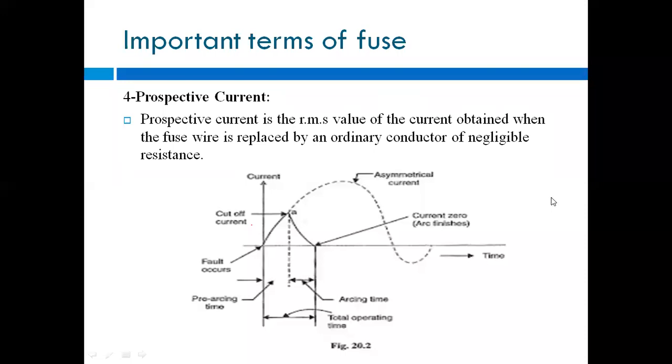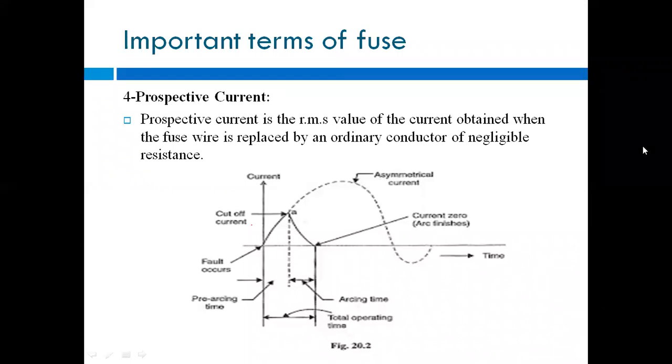It means it is the RMS value of the current obtained when we replace that fuse wire by an ordinary conductor of negligible resistance. Whatever RMS value of current is obtained at that time is nothing but the prospective current. So this definition is also important.